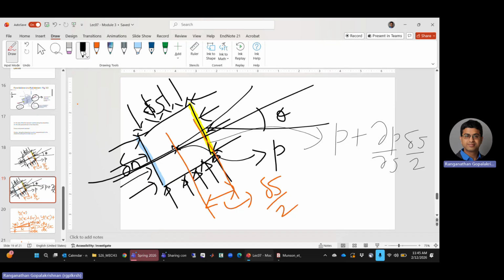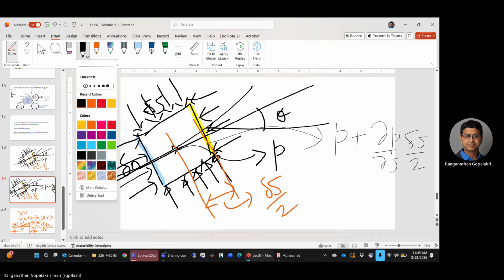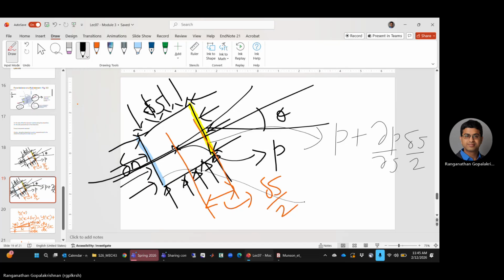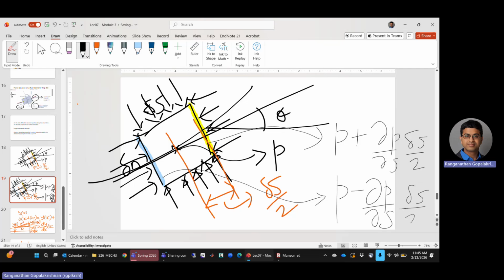So then this would be P minus the partial derivative of P with respect to S times delta S over 2. With me?